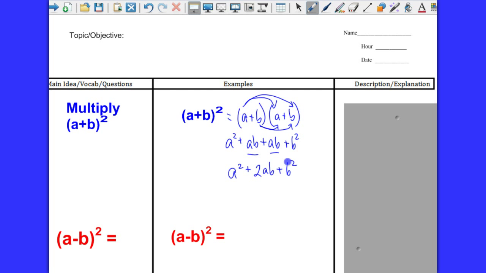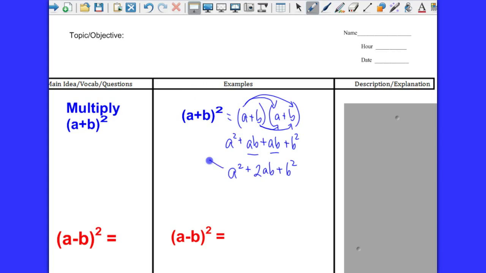Now we need to combine our like terms, and we get a squared plus 2ab plus b squared. This is actually an algebraic fact and pattern that is always true when we have binomials written in this form, where we have the same binomial multiplied by itself.